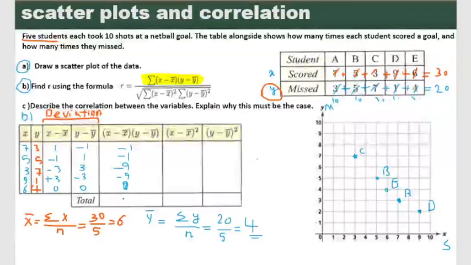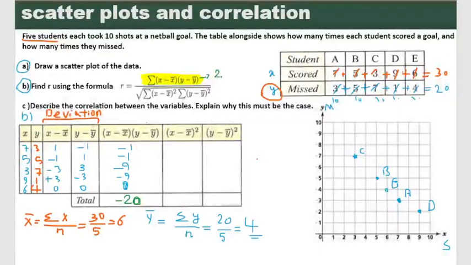So the sum of this product, which is negative 1 and negative 9, negative 10, negative 1 and negative 9, negative 10, gives me negative 20. Negative 20, that I put here.